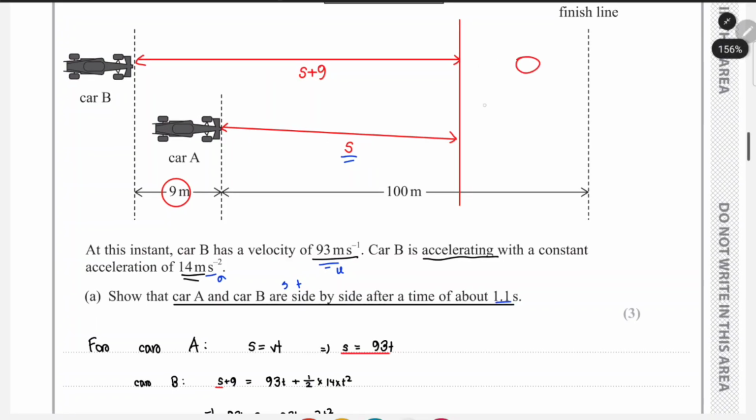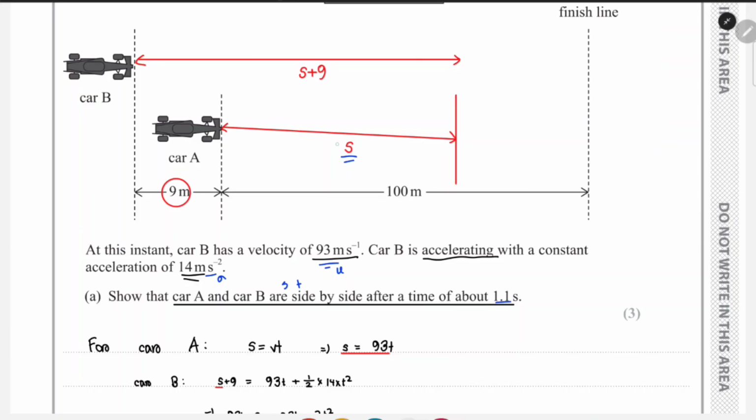So after this point, car B will be faster than car A. So car B will finish first if the finish line is to the right of this red line. However, if the red line is here, it means that car A was ahead when it crossed the finish line, and both the cars came side by side after finishing.